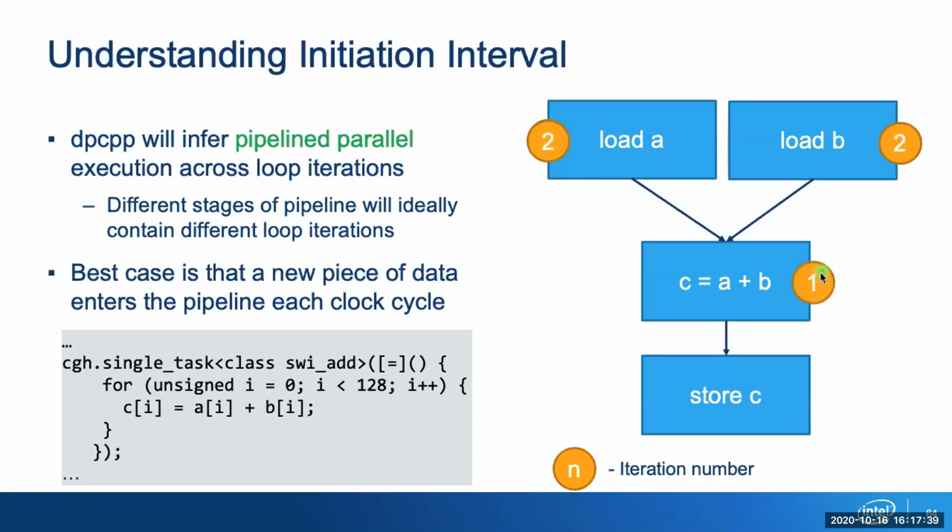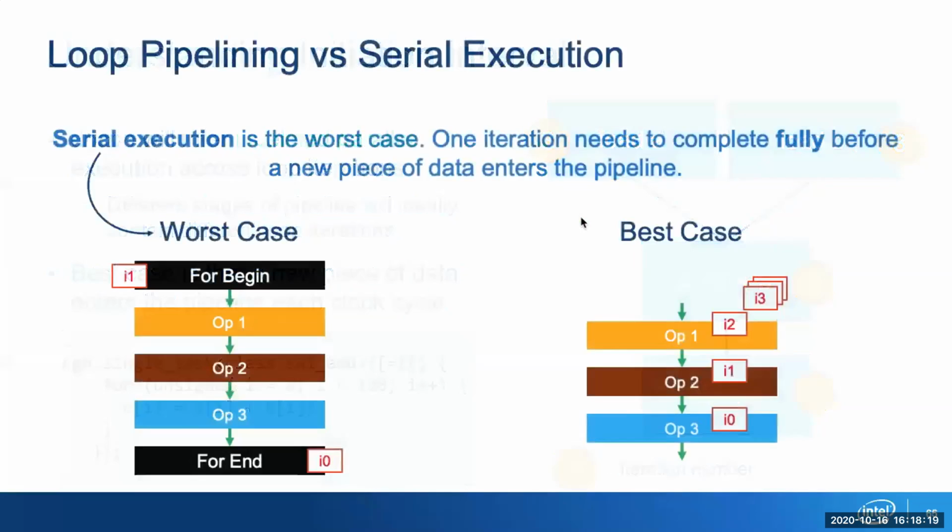Then the addition operation will be done on the second step, but the second iteration just started in the pipeline, and the store operation will be done while another add operation and another pair of loads will be made in parallel. So this is the best case we have.